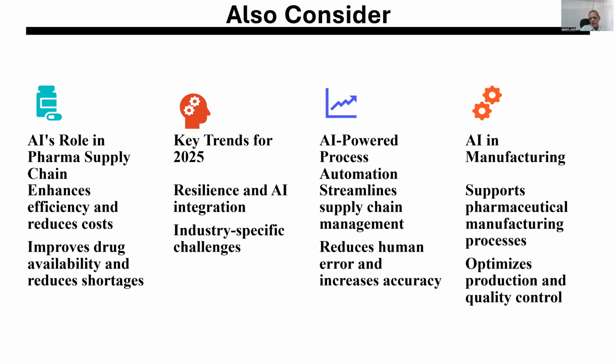And finally, artificial intelligence in smart manufacturing will support the manufacturing process and optimize production and quality. Hope I just gave you a brief overview of how artificial intelligence can help you in improving your pharma supply chain management.